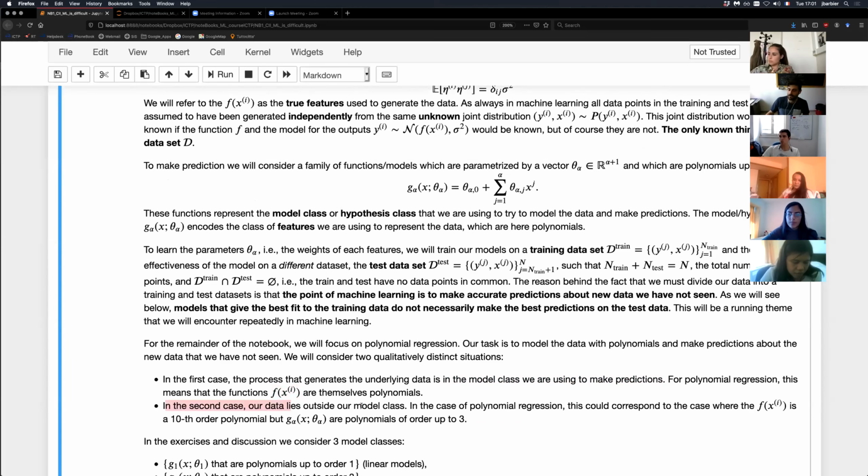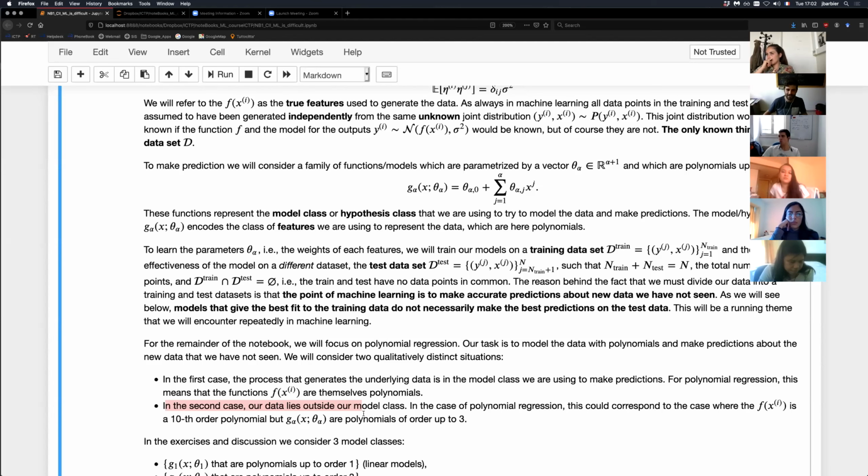In the second case, which is a more realistic case and what mostly happens in real applications of machine learning, the true model underlying your data is not contained in your hypothesis class. Even if your hypothesis class is rich, in general it's even hard to define mathematically what is the rule that generates images of dogs, right?